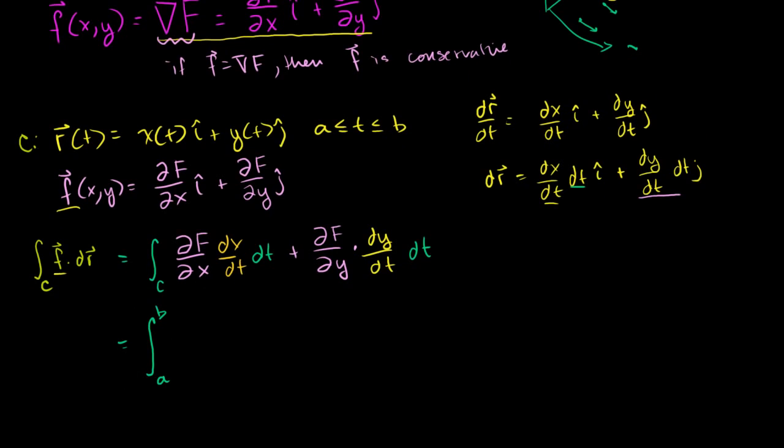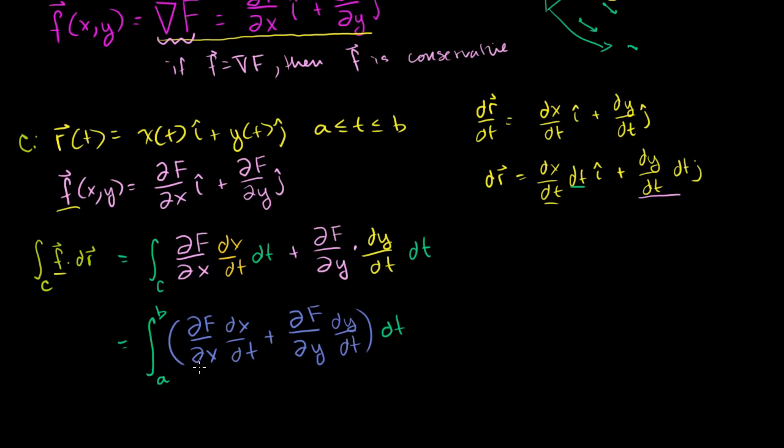This is equal to the partial of uppercase F with respect to x times dx/dt, plus the partial of uppercase F with respect to y times dy/dt, all of that times dt. This is equivalent to that.